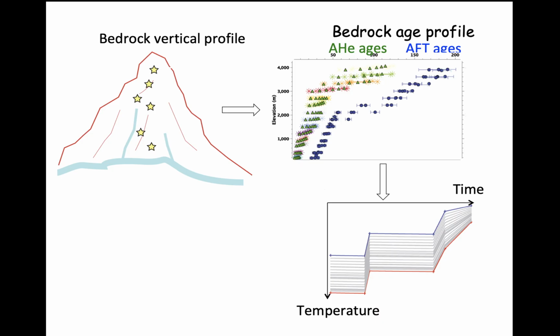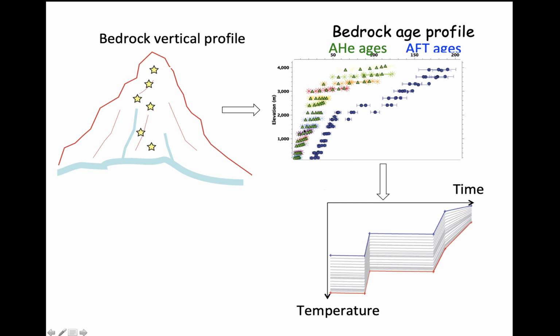And the final thing is this idea of using detrital samples. So the idea of the vertical profile, I've already said, is we have samples up the side of a valley, for example, in bedrock. We can collect our data from there, and we can know that these are helium ages and fission track ages, perhaps the different values at different elevations, perhaps reflect different grain sizes or different annealing kinetics, different compositions.